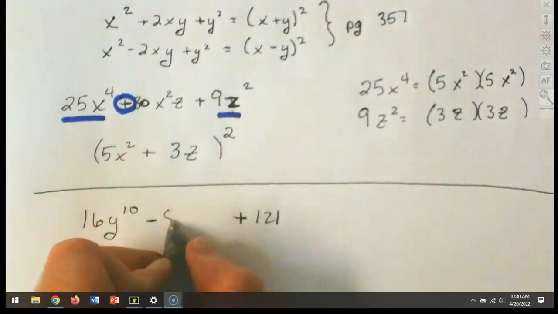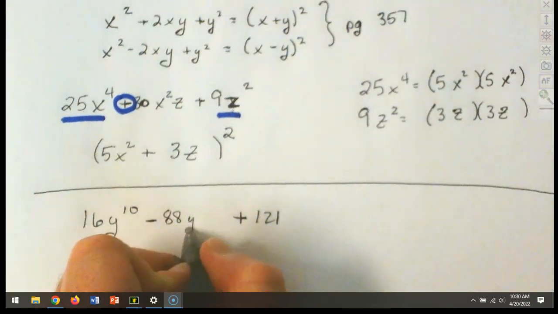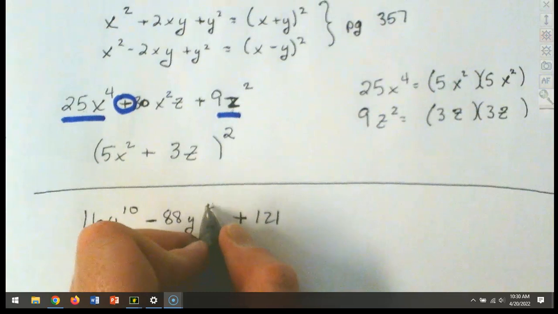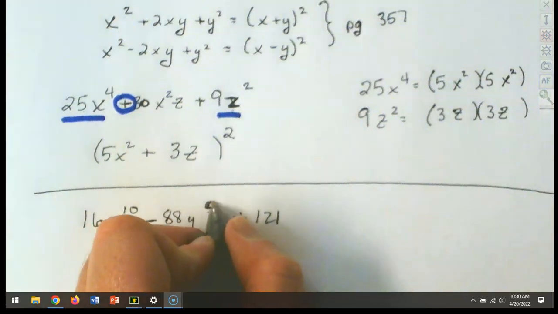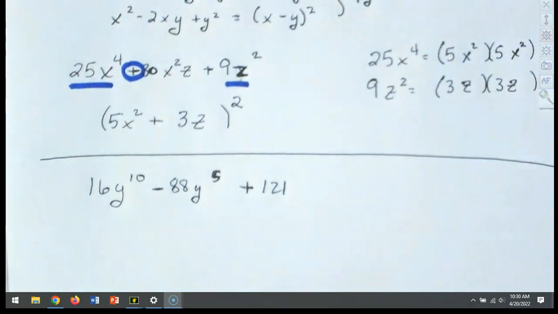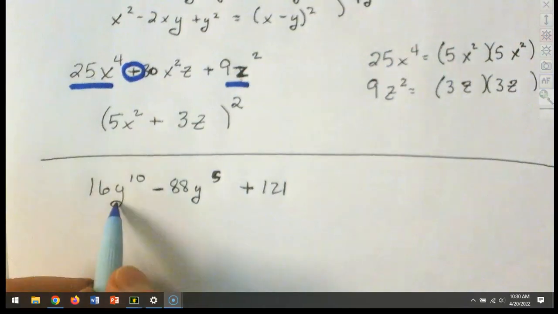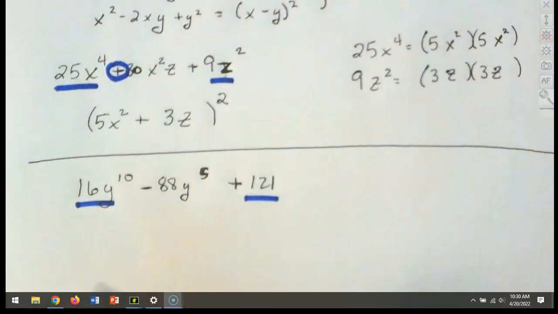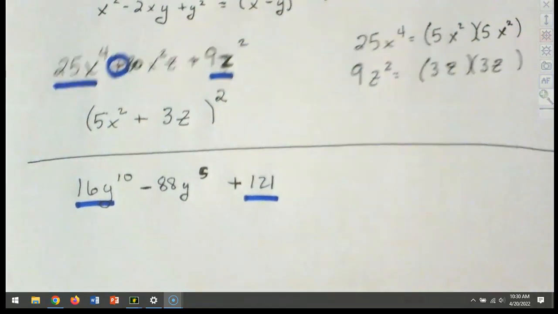Okay, so we'll put an 88y to the 5th in the middle. You don't have to worry so much about the middle, because it'll already be given to you. But when we look at this, we think, oh, this is probably a perfect square trinomial, because 16 is a perfect square and 121 is a perfect square.